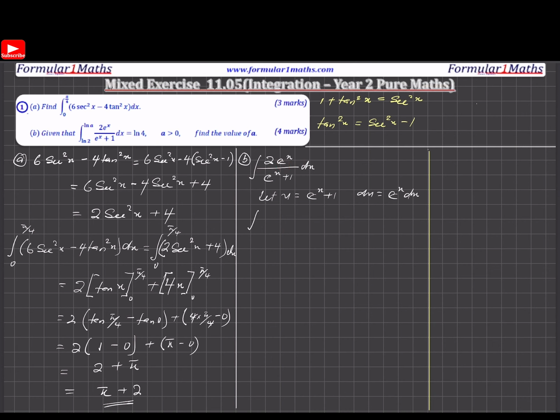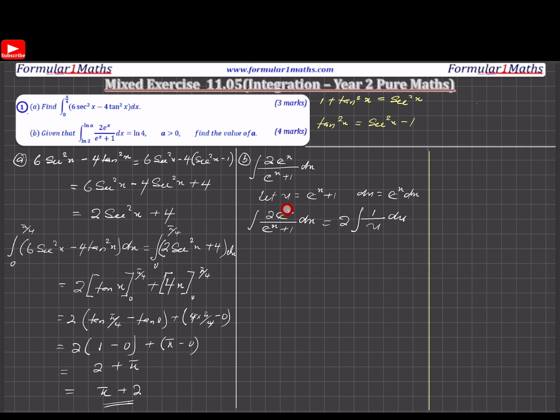The integral of 2 e to the power x over e to the power x plus 1 dx will be equal to 2 integral of 1 over u du.